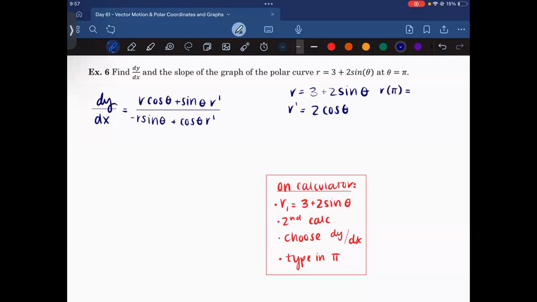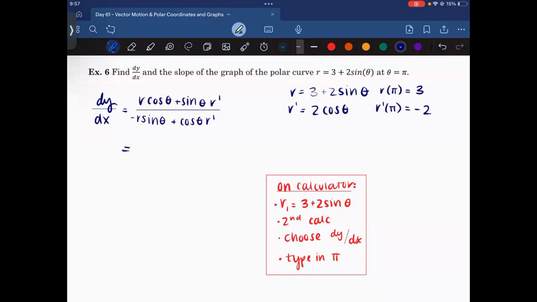Now we can evaluate it at pi for each of these. When we have r of pi, we have 3 plus 2 sine of pi, which is 0, so we just have 3. And r prime at pi is negative 2, because cosine of pi is negative 1 times 2 is negative 2.